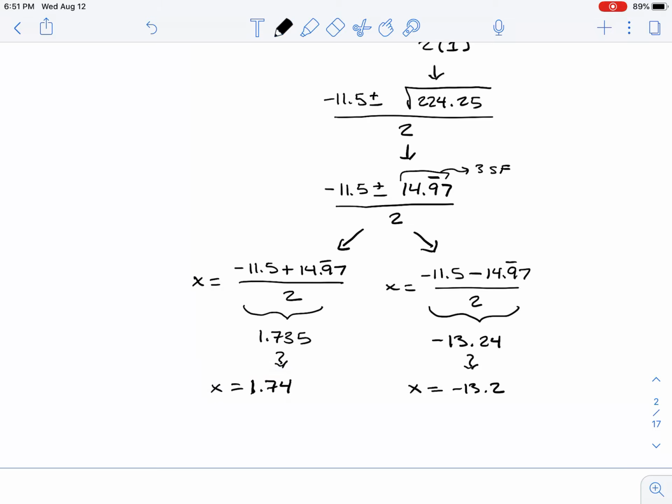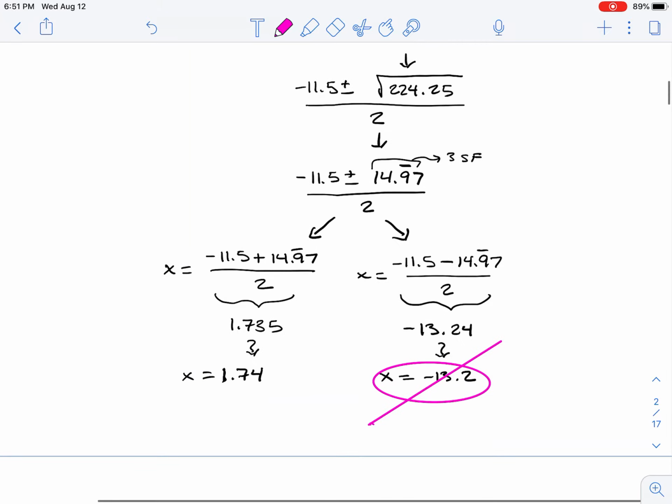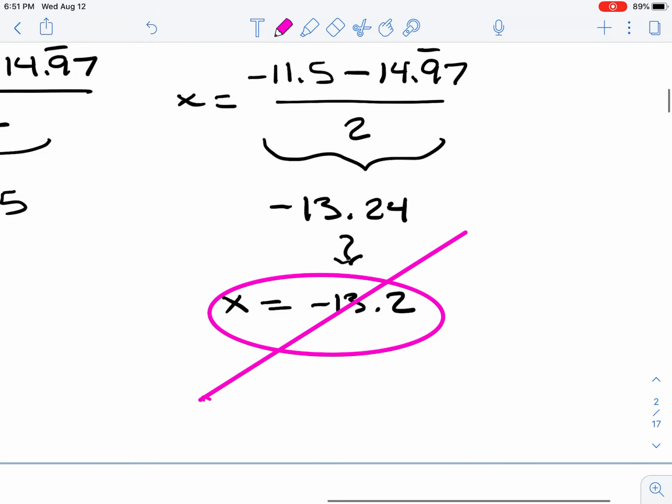And so let me go ahead and cross this off. Okay, so this is not our true value. I'll just put in a note that says x cannot be negative.